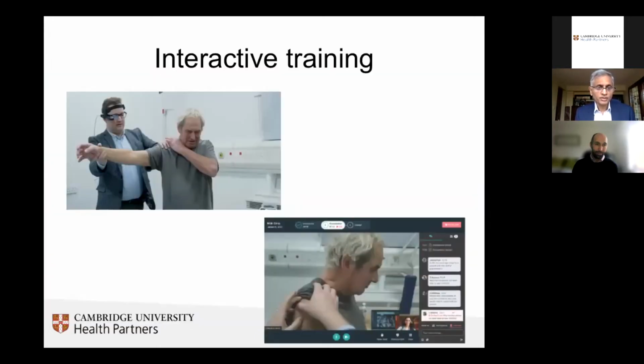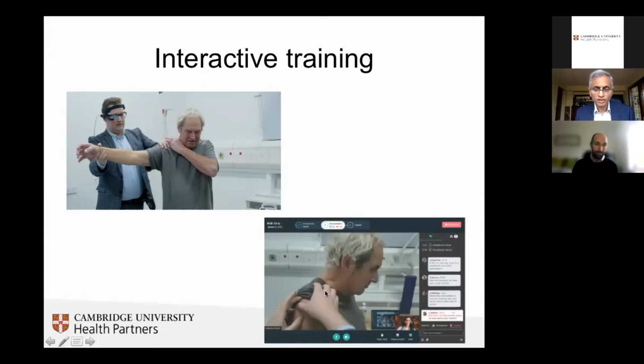One thing that's emerging, as technology improves, is the ability to remotely stream and deliver interactive training. So this is a clinician who is wearing a very simple pair of glasses, a tiny addition to the specs, which is obviously a camera that streams to anyone in remote locations who can be logged on.